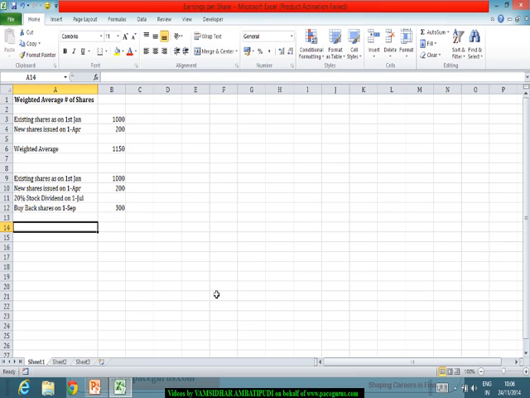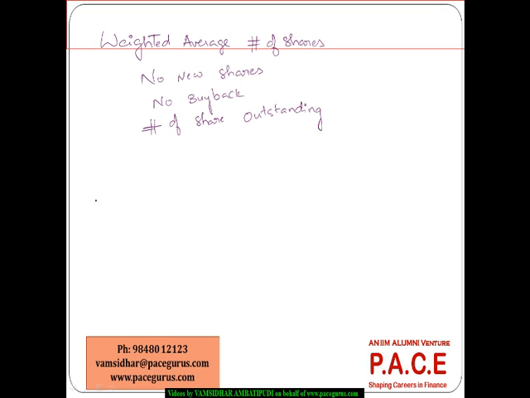In this case, if I had to find out the weighted average number of shares, this is where a slight understanding has to come out. See, a stock dividend. One thing that I have to look at is whether the company has given a stock dividend or stock split.